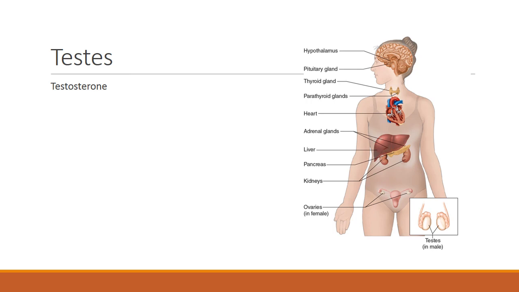So testosterone works in that regard. Obviously, there is also testosterone produced in the female from the adrenal gland. So this doesn't just get released by the testes. There is a small amount of circulation in the female as well, but this is the primary male sex hormone.